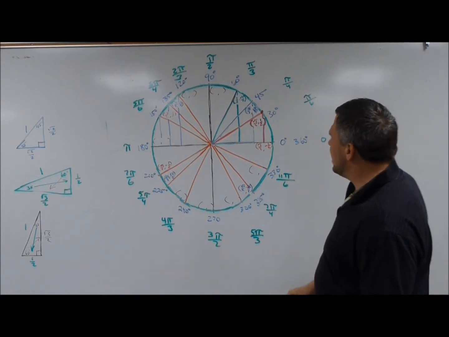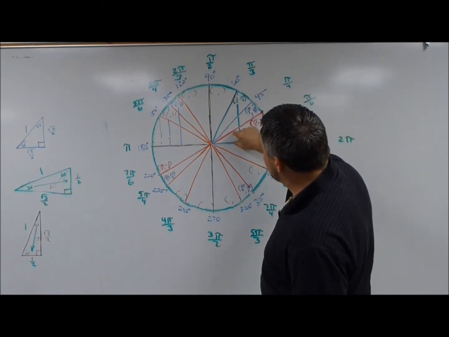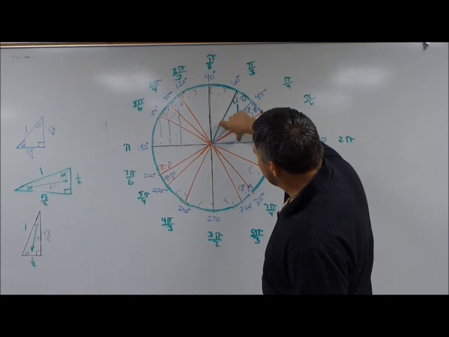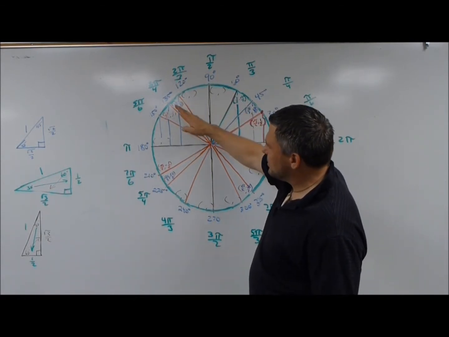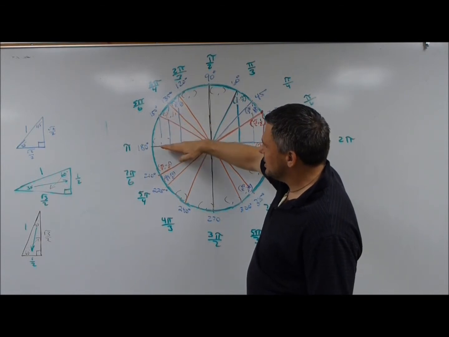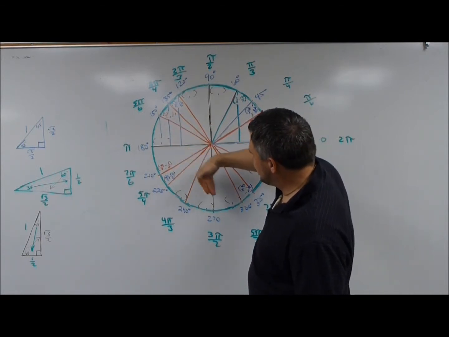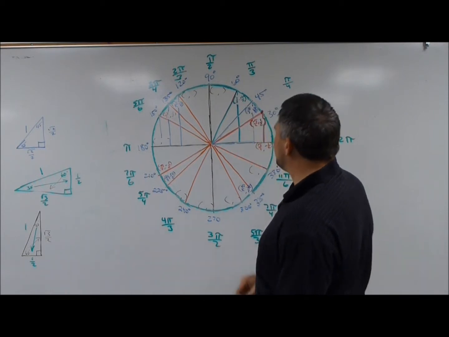That's just taking this 30 degrees, a 45 degrees, and a 30 degrees, and then we have our 90, and then again 30 degrees, 45, 60, 90, and so on.